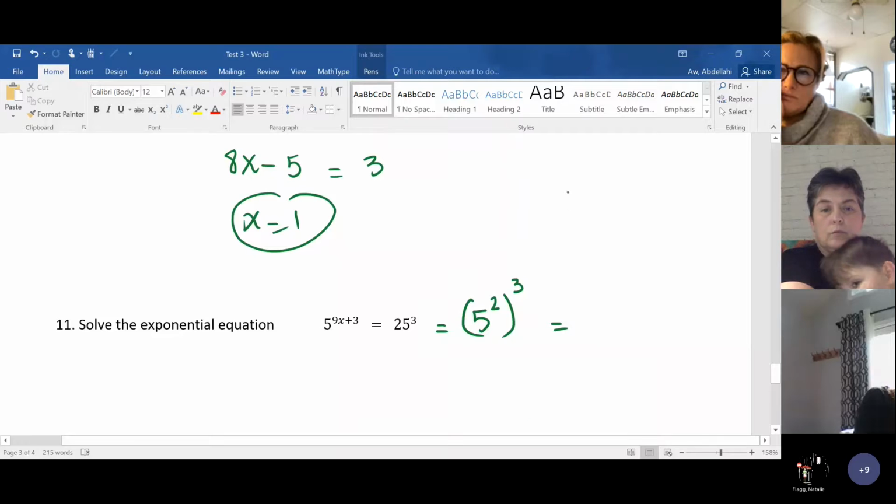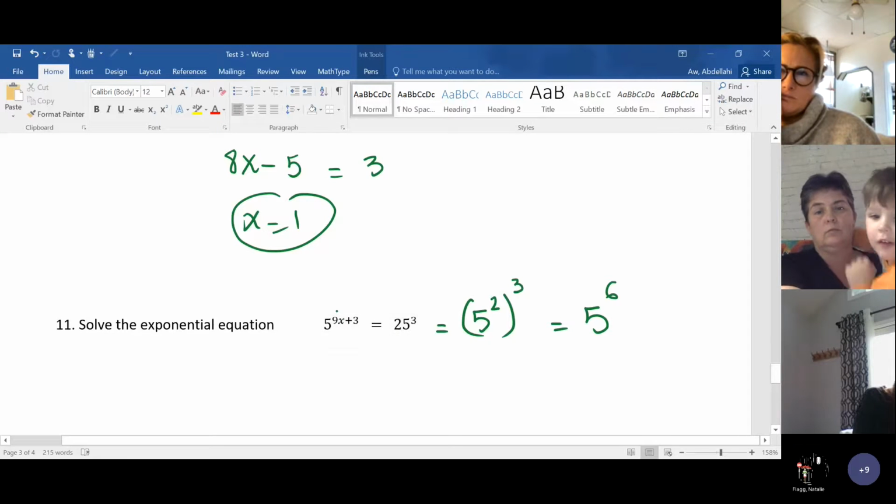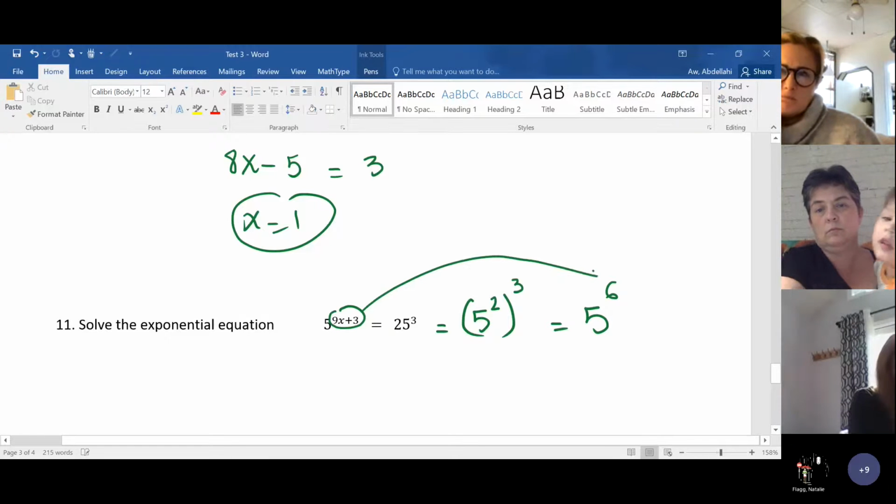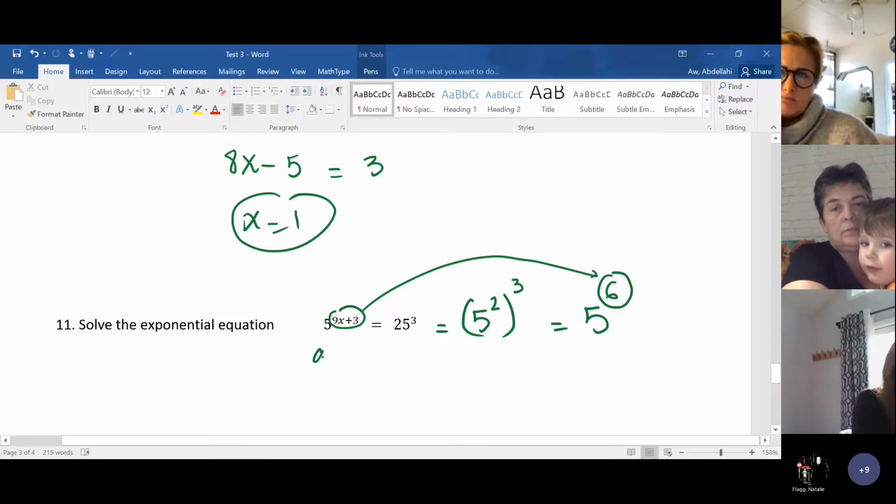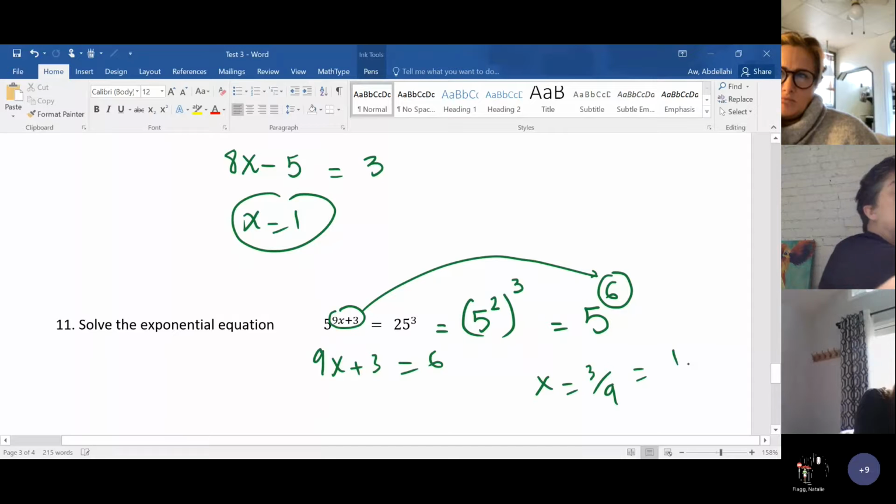So we get 5 to the 6th power, right? Now that I have base 5, what equation do I get? 9x plus 3 is equal to what? 6. And then I solve. I get x equal to 3 over 9, which is 1 over 3, right?